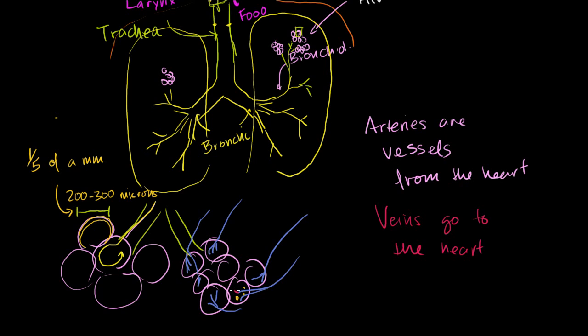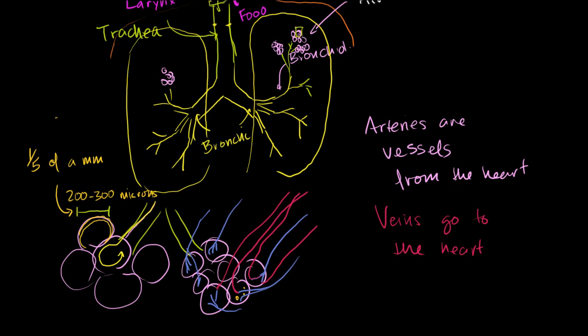Once it gets the oxygen, it goes back to the heart. So this is the point where this vessel, this pipe, part of our circulatory system, goes from being an artery, because it's coming from the heart, to a vein, because it's going back to the heart.